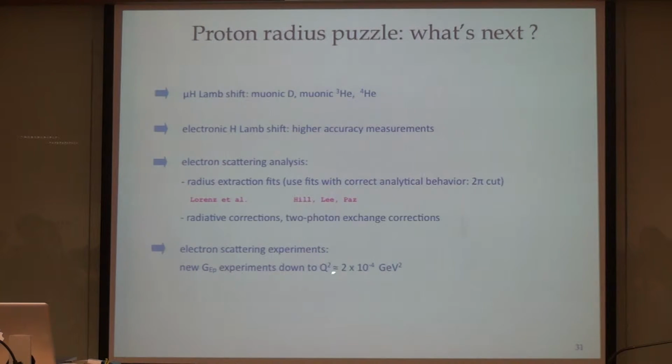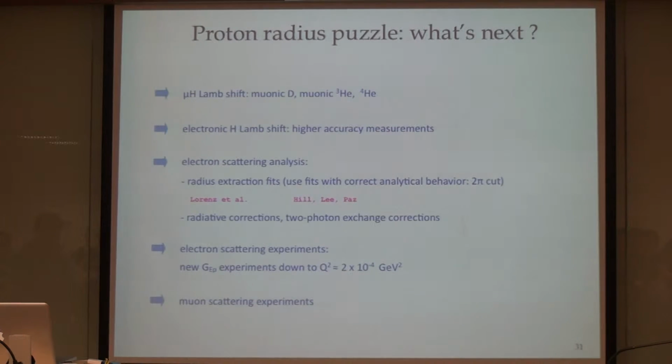And several experiments are being done to extrapolate electron scattering from 10 to the minus 3 down to 10 to the minus 4 GeV squared. What is also on the horizon are new experiments with muons. If there is new physics with particles coupling to the muon, you should see it not only in the spectroscopy, but also in the scattering.